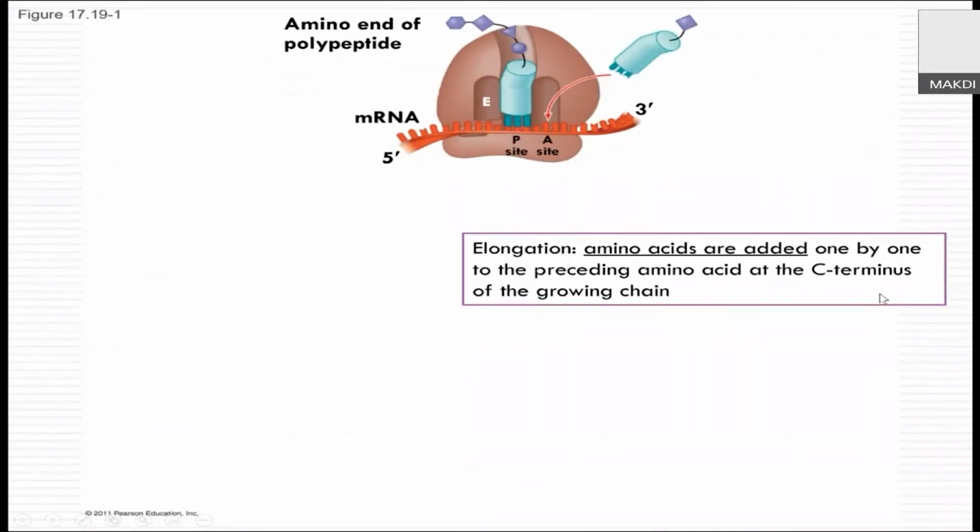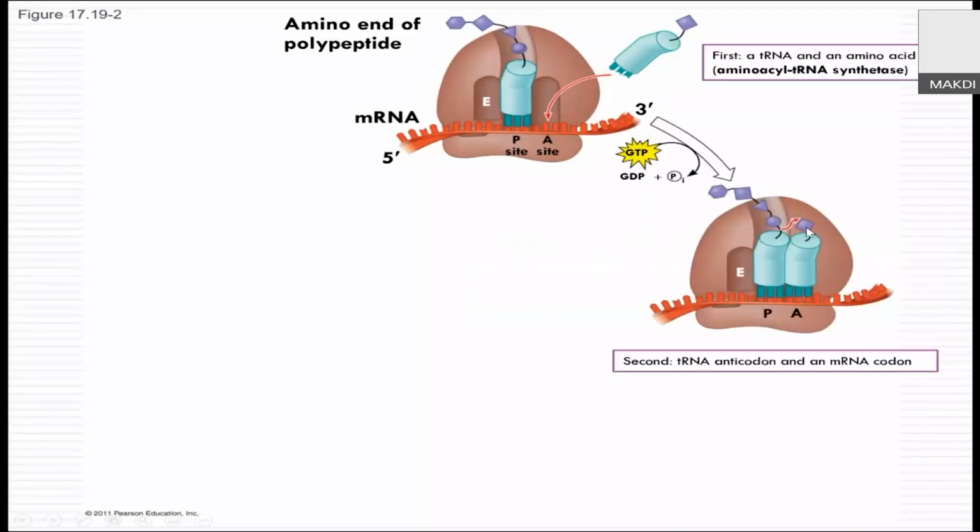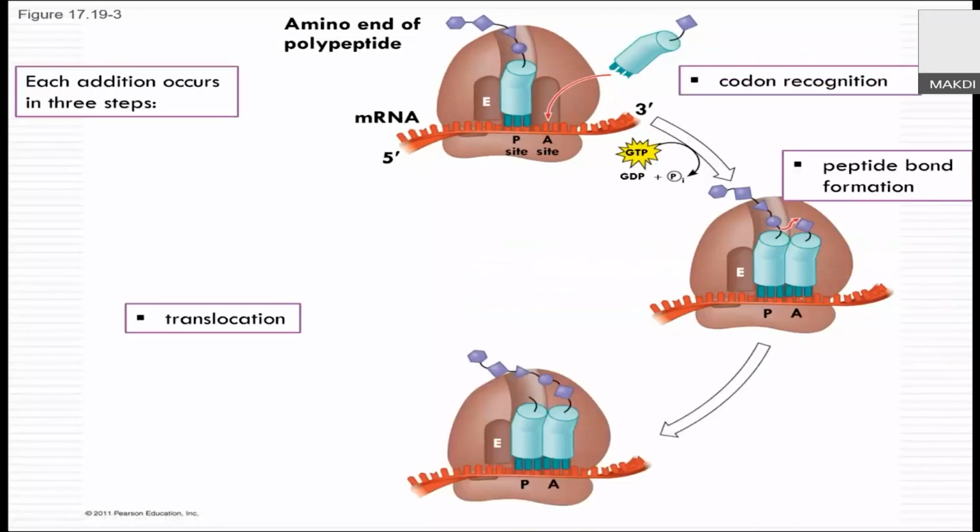Okay, elongation. Elongations, amino acid is added one by one di A site. Okay. So the second codon tu apa? Dia akan baca lah. So dia akan cari antikodon. Okay. Based on the information sini, based on the codon di A site.